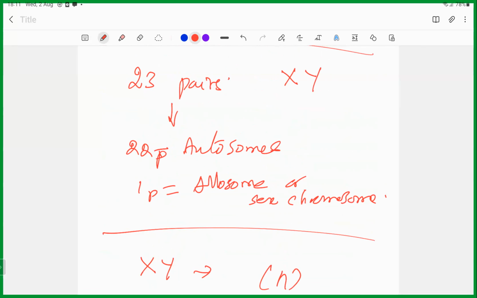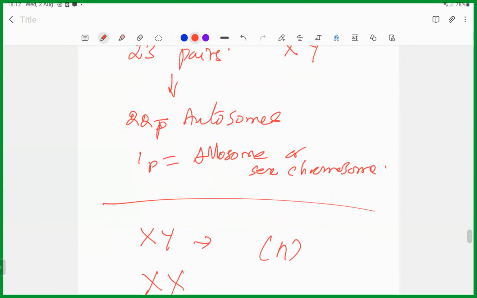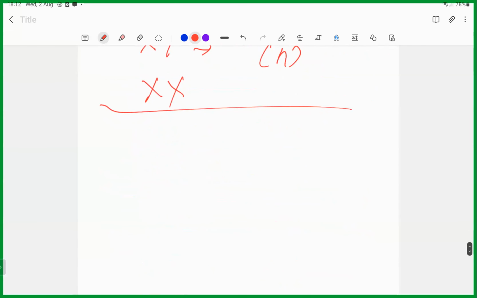Can a chemical substance make its copy? Only one chemical. So that's the chromosome, means the DNA. Only DNA can make its copy. No other molecule is able to make its copy.